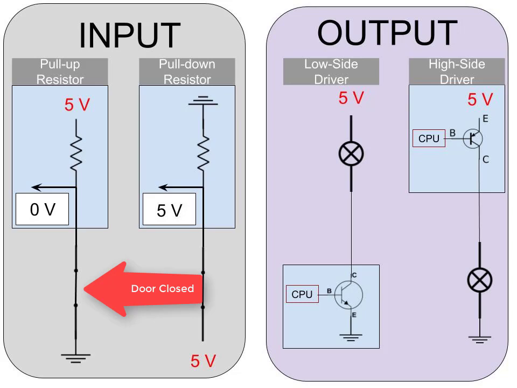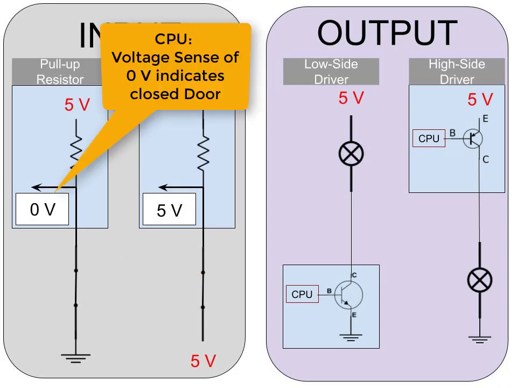The voltage sense for my pull-up resistor would then be 0 volts. This value would be stored in the CPU, and we would know that when I get a voltage value of 0 volts on this particular input, that is an indication that the door is closed.